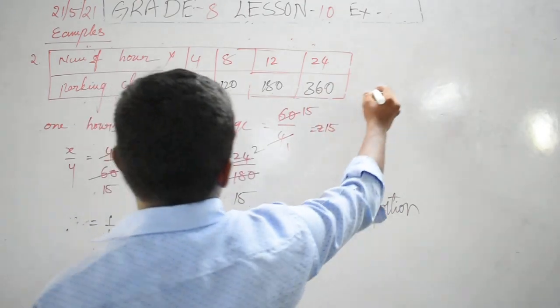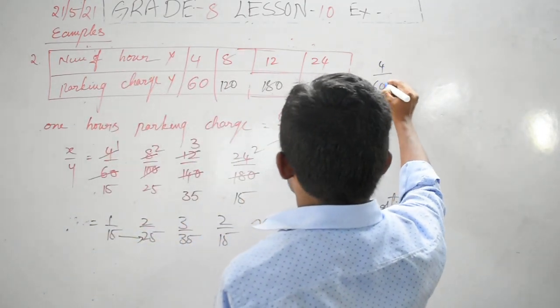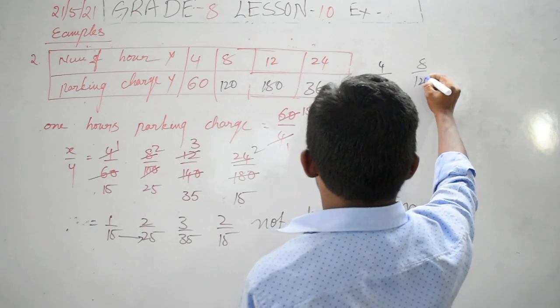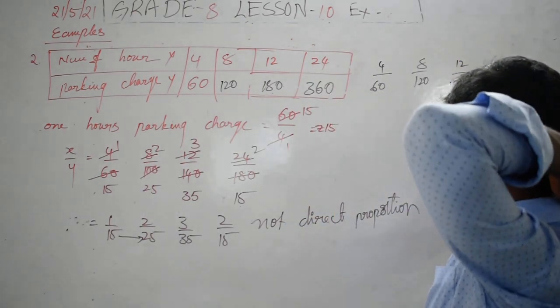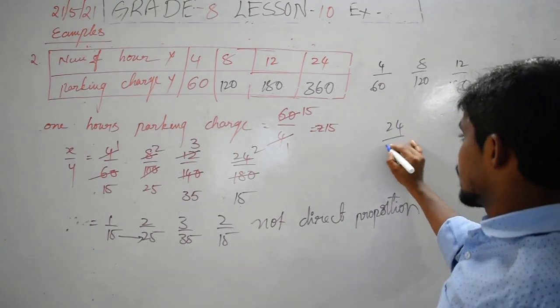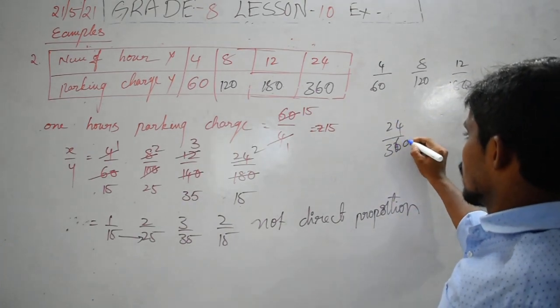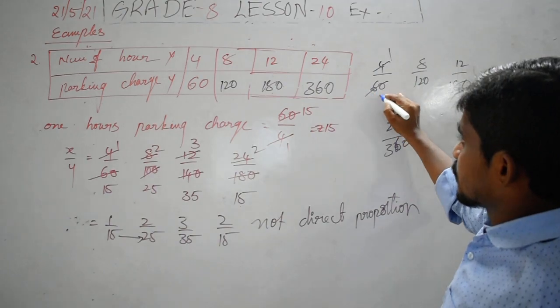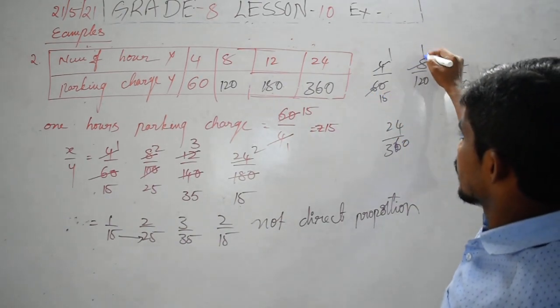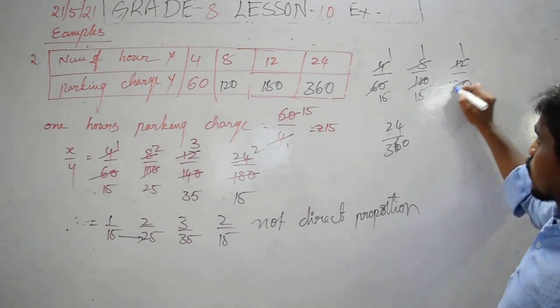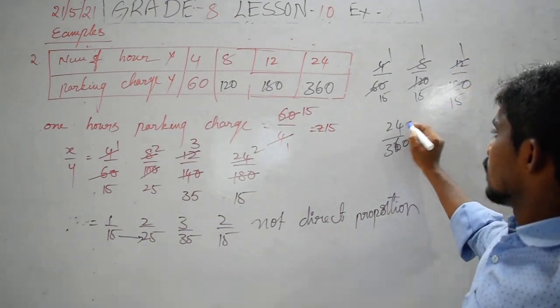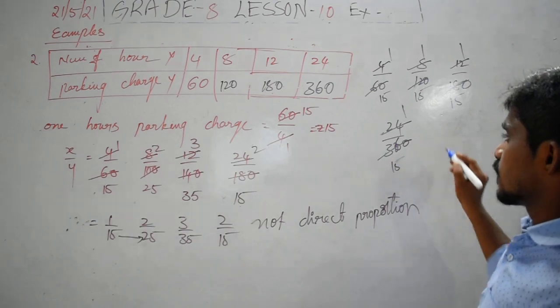Now 4 by 60, 8 by 120, 12 by 180, 24 by 360. 4 15s are 60, 8 15s are 120, 12 15s are 180, 24 15s are 360.